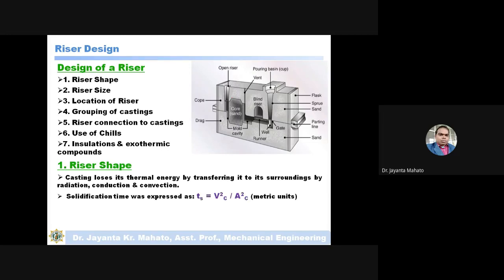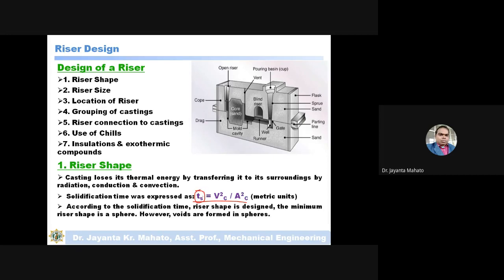In the case of casting, the solidification time can be calculated by this formula: Ts equals Vc squared divided by Ac squared. By using this formula, you can calculate the solidification time, Ts.